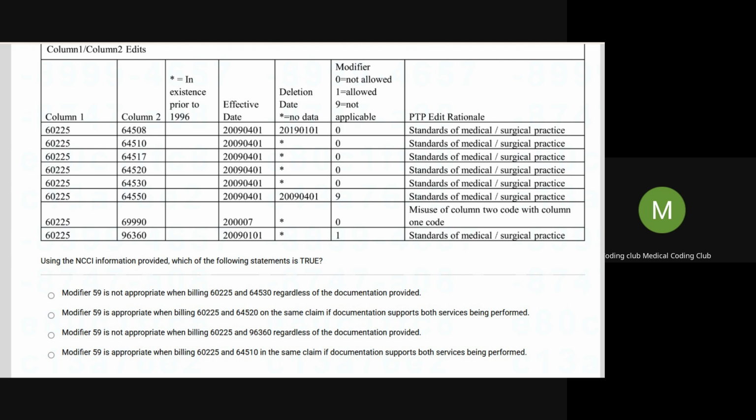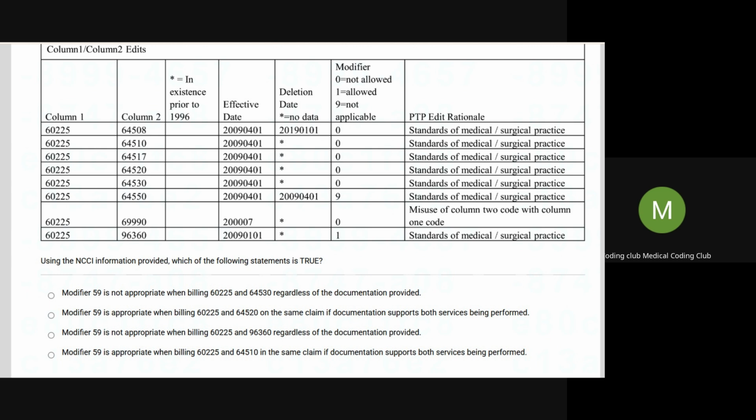Same way, look at option C: modifier 59 is not appropriate when billing 60225 and 96360 regardless of the documentation provided. Here it is, 60225 and 96360. The indicator says 1, which means you can use modifier 59 when it is needed. So you have to eliminate option C also, because they said modifier 59 is not appropriate.